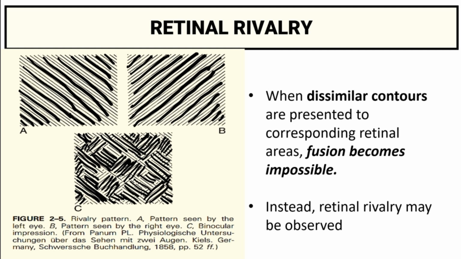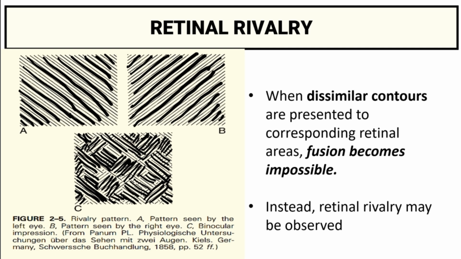In our previous video I told you what is meant by corresponding retinal points. So if you present two dissimilar contours, for example here you can see that to one eye we are projecting a picture with oblique lines oriented in one direction, and to the other eye we are projecting an image with oblique lines oriented in another direction, right?